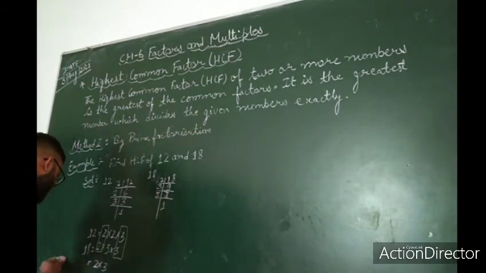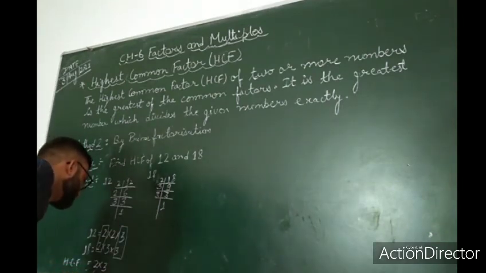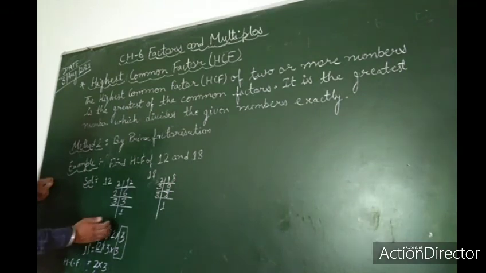So we say that the GCF of the given numbers 12 and 18 is equal to 6. 2 threes are 6, right? So basically we find the prime factorization of 12 and 18, take the common factors 2 and 3, and multiply them, 2 threes are 6. So 6 is the GCF of the given numbers 12 and 18.